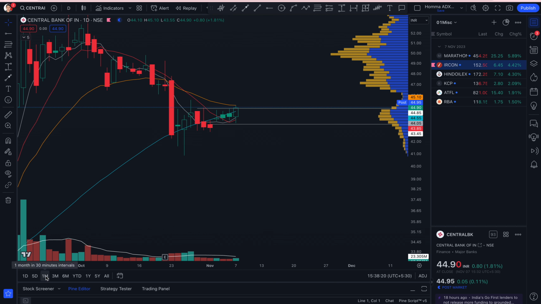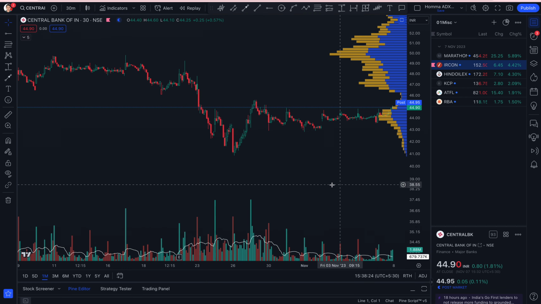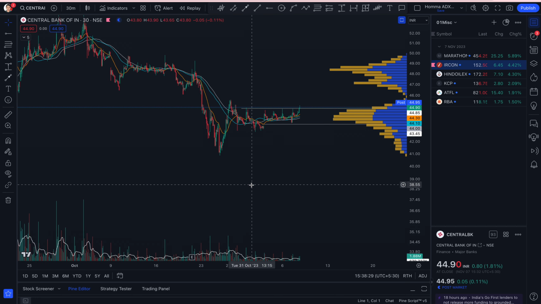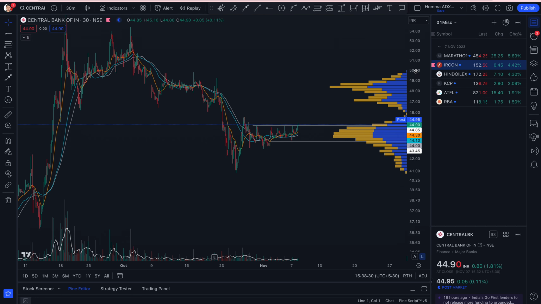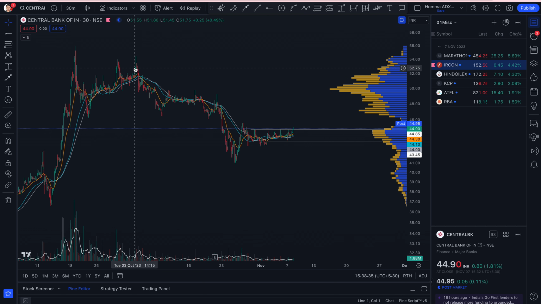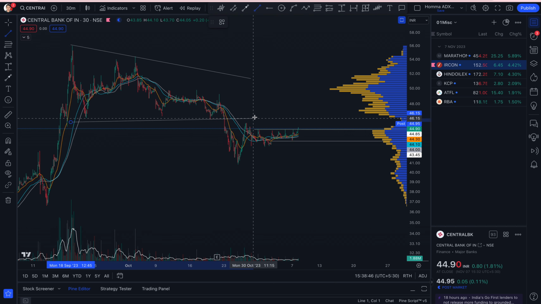So I will take you to the intraday time frame, which will show this better, right? We were on a downtrend, and this base was broken down here. So this is the base, this is the VCP base.